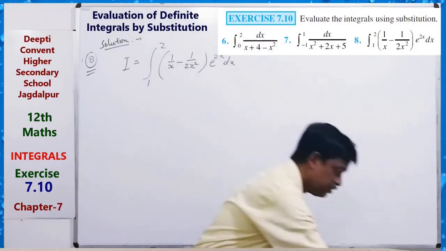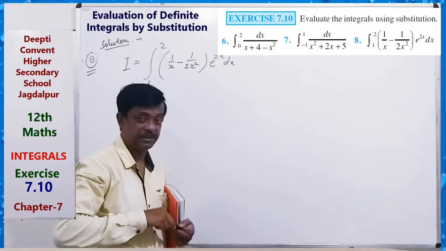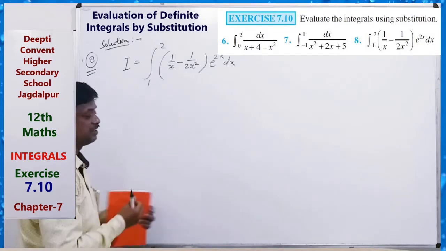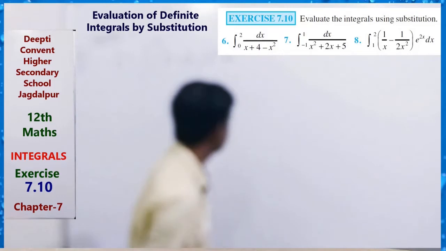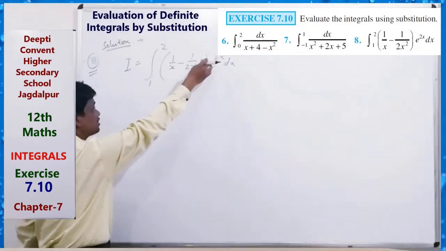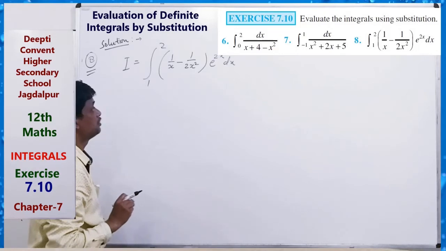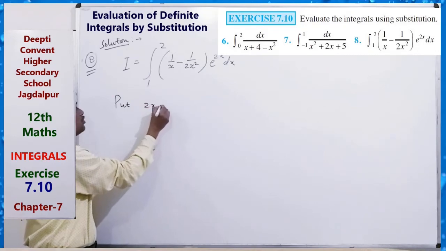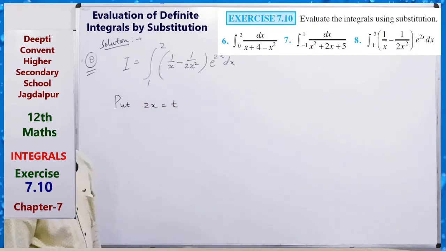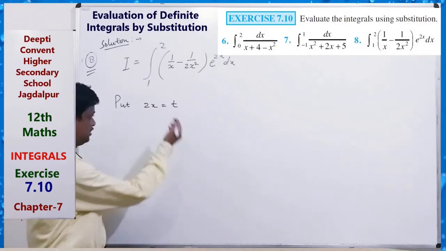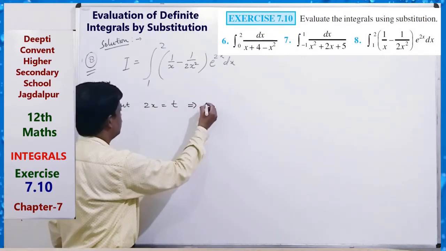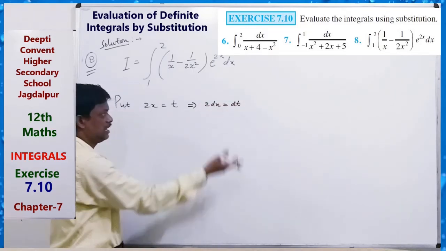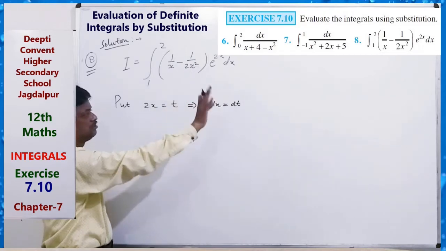Therefore the substitution may be: e to the power 2x must be single, so the substitution is 2x equals to t. Clear? So just see, 2 dx equals to dt, means dx equals to dt by 2.